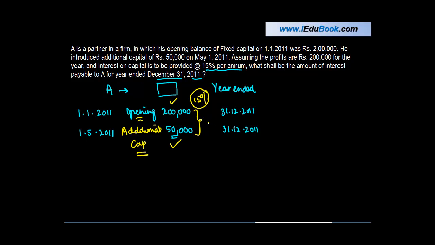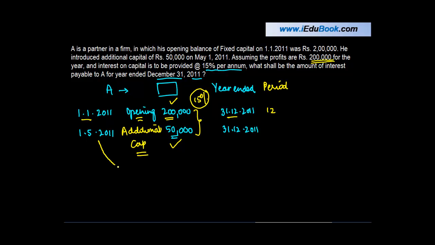So in this case, what is the total profit available for the year? It's 2 lakh. So let us first find out what is the interest on capital which has to be paid. For the opening capital, it was from 1/1/2011 until 31/12/2011, so the period is 12 months.